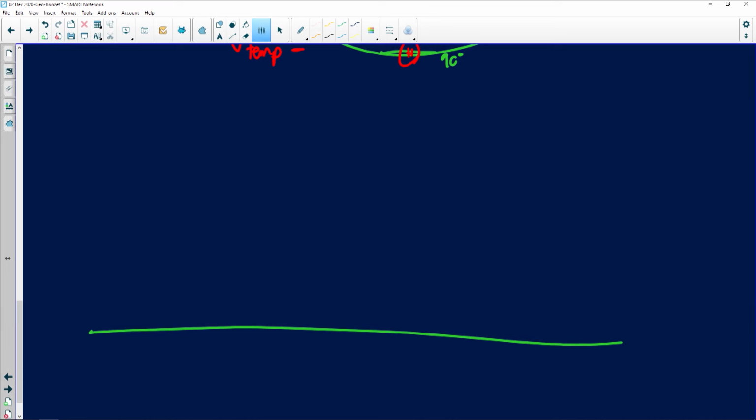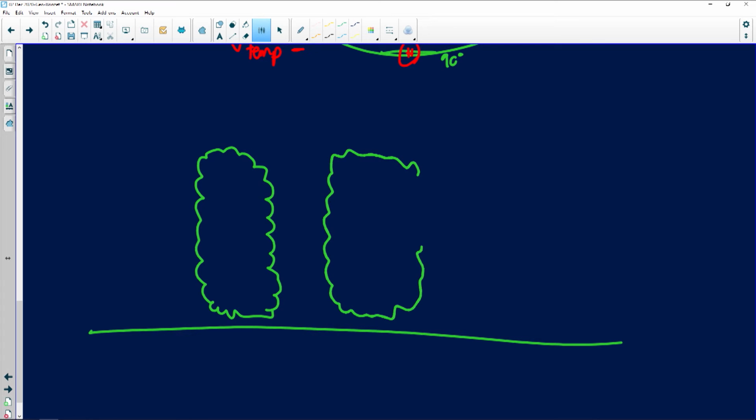Now, from a cross-sectional point of view, this is what a tropical cyclone looks like. Okay. You've got vortex 1, vortex 2.